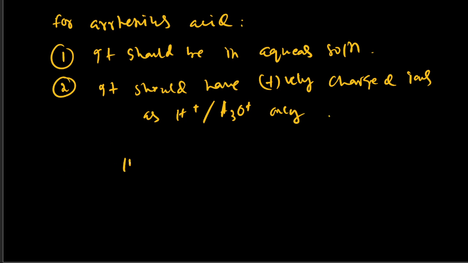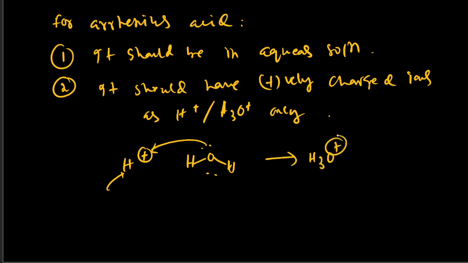Why H plus or H3O plus? H itself is a very small size, and when it becomes H plus it becomes even smaller. Here water is there, and water has a lone pair. This lone pair donates to H plus to stabilize it, and it becomes H3O plus. So H plus does not exist practically.